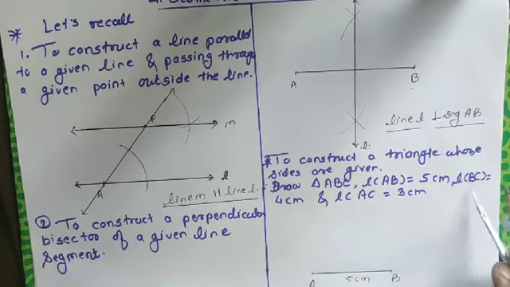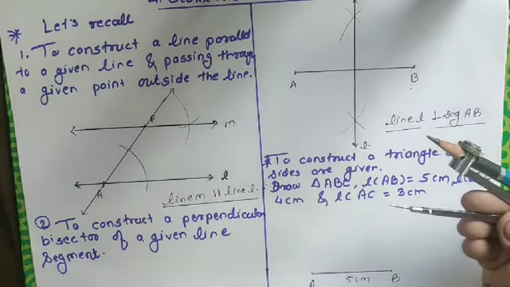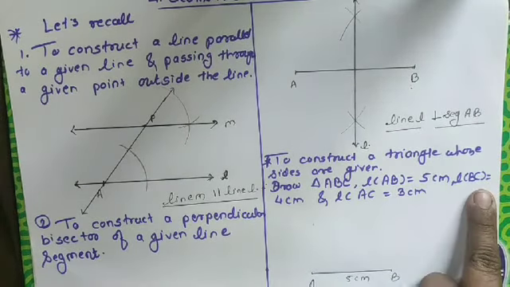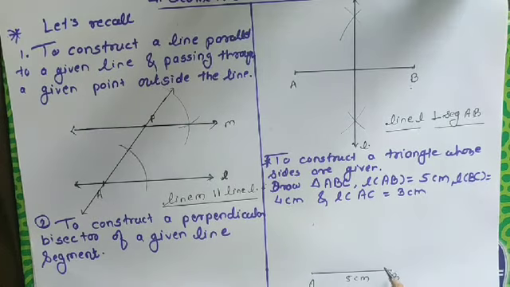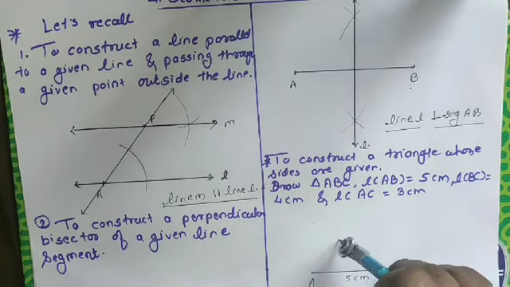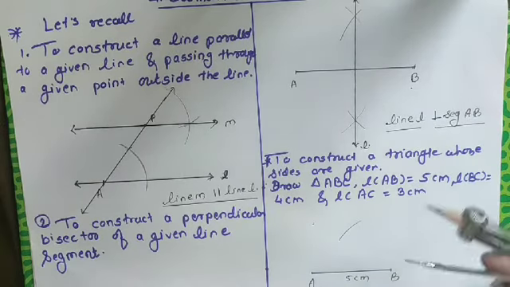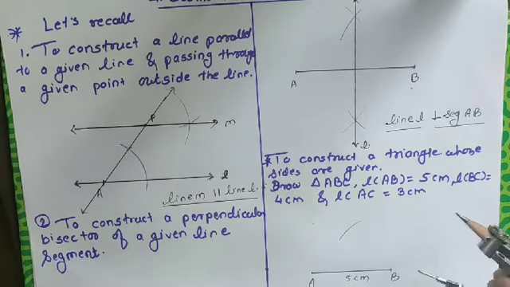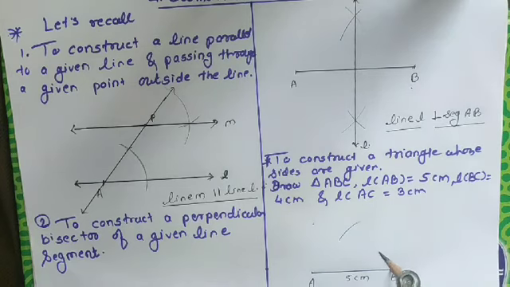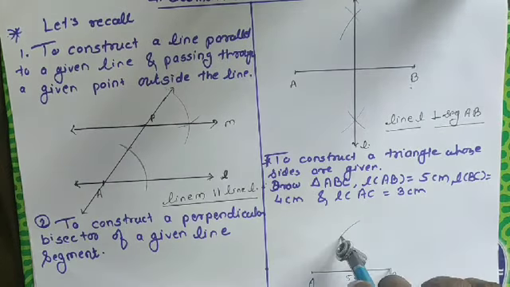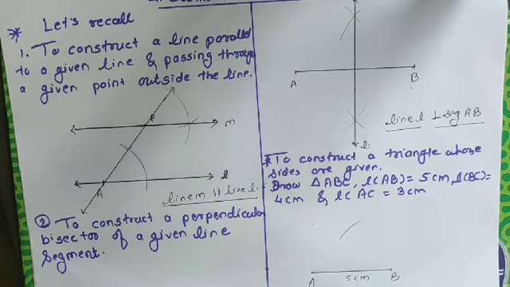Now BC is equal to 4 centimeter. I have to keep the metal point on B because I want point C, and draw the arc. I kept the compass point on B and drew the arc above the line.